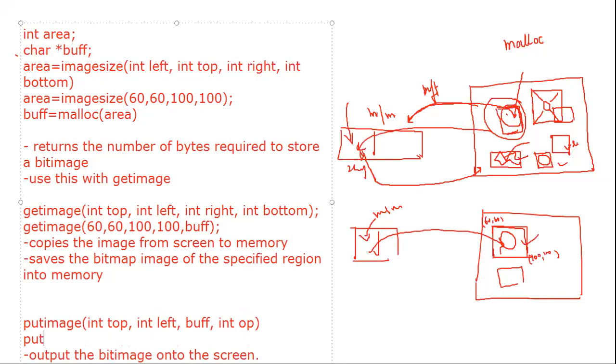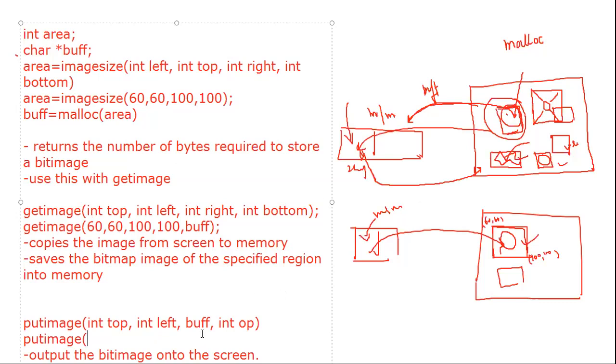Let's write a certain example image. Let's say I have written this put image. So int top, left is the corner or a position where you are going to put this image from the buffer, from the memory.